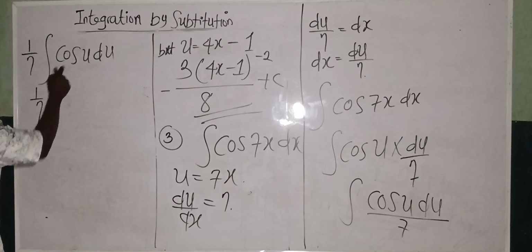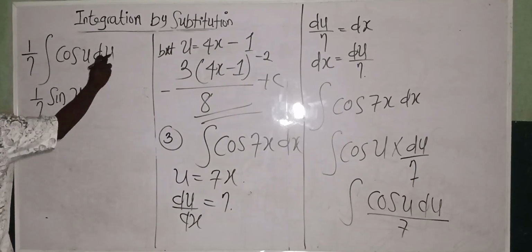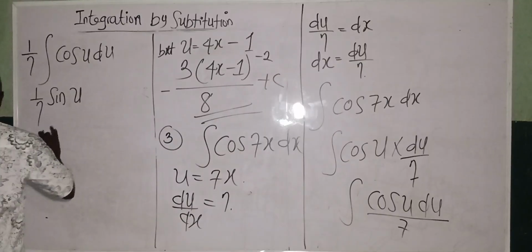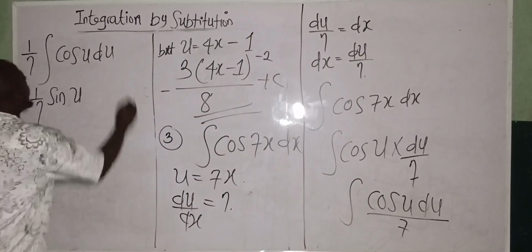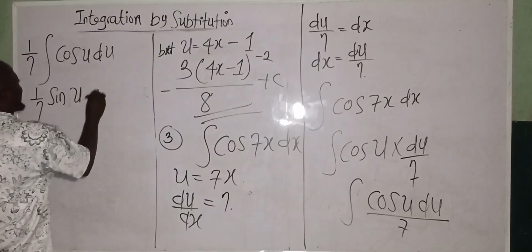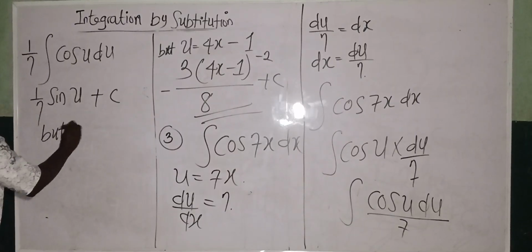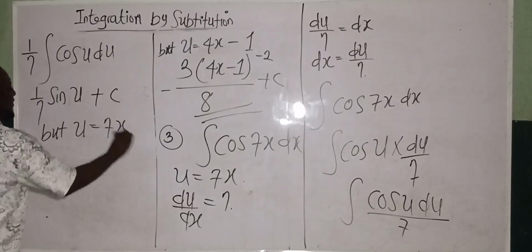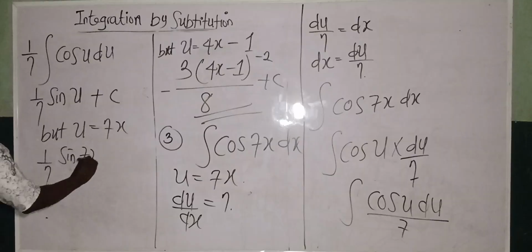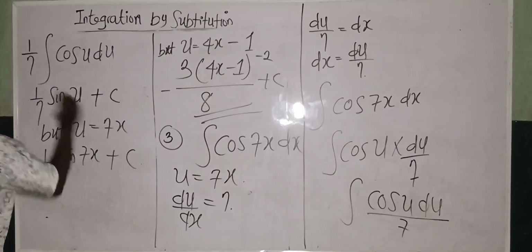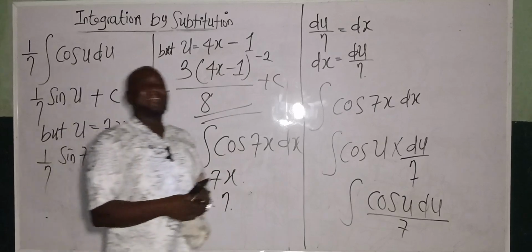If you integrate cos, you are obviously having sine u. This and this goes off. So what then do we now know? Don't forget that when you are integrating, you put your c. But we know that our u is 7x. So I will now have that this value will give us sine 7x plus c here. This becomes our simple value.